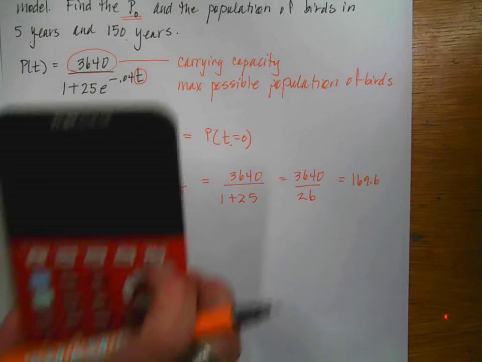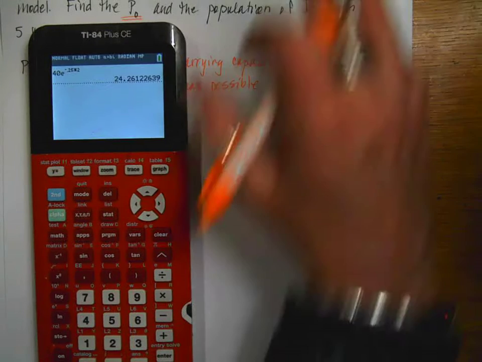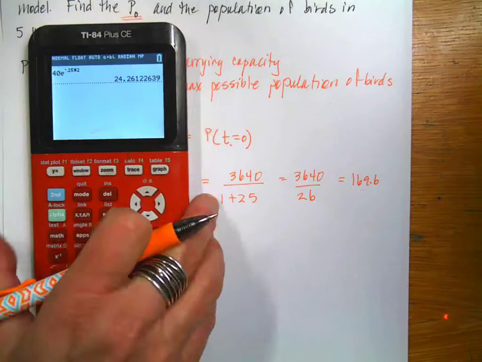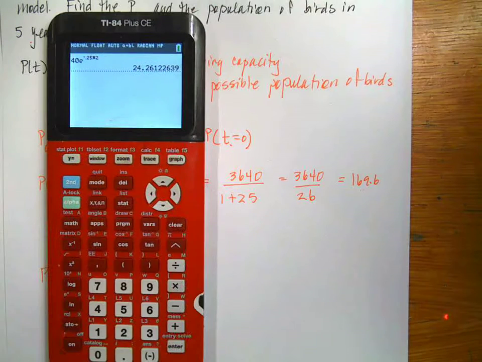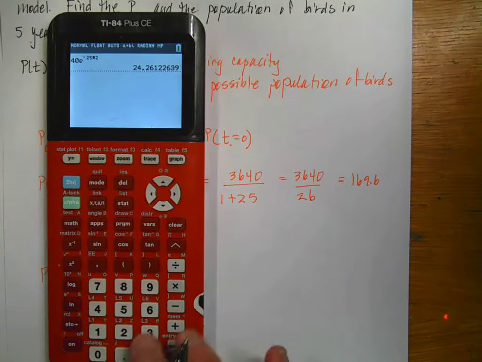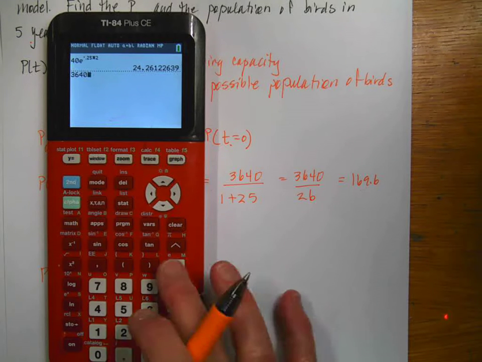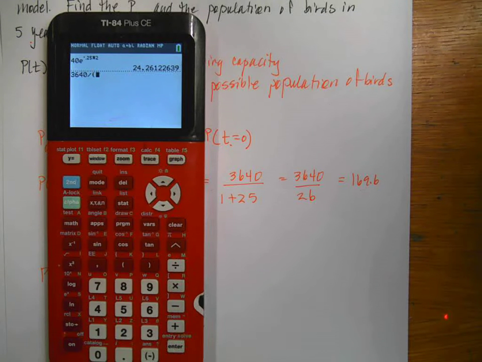So let me show you how to enter that on your calculator and things that you need to be careful with. I'm going to zoom in just a little bit so we can see our calculator better. Here's what you need to be careful when you're doing the logistic growth model. I'm going to enter my carrying capacity divided by, the denominator has to be in parentheses.